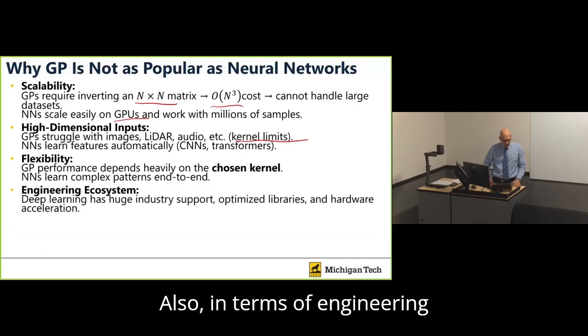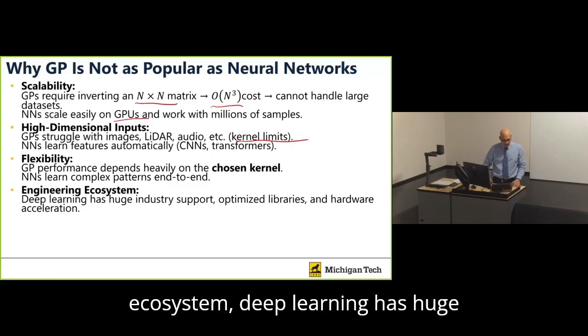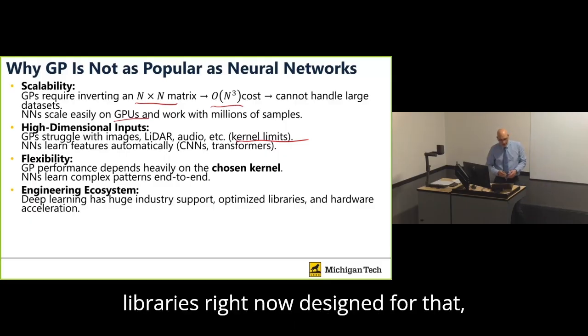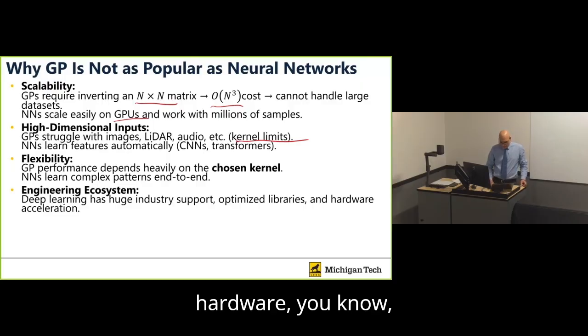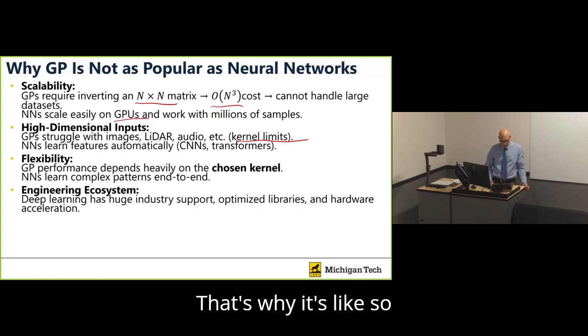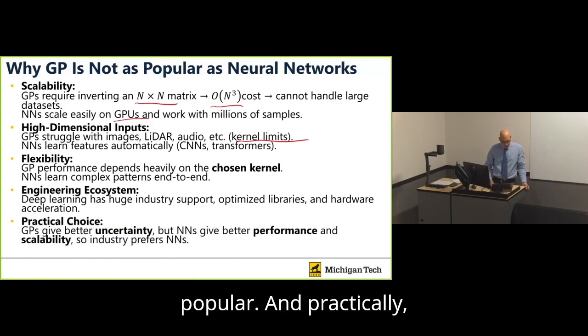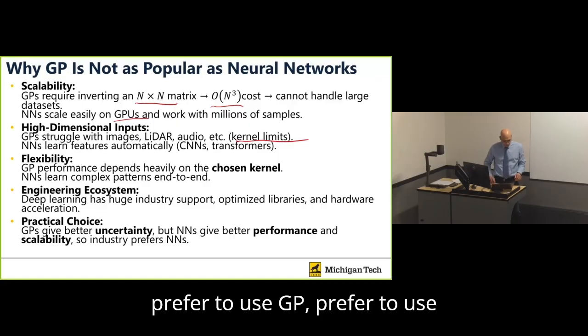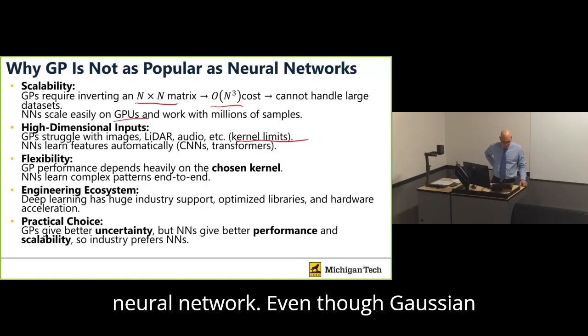Also, in terms of engineering ecosystem, deep learning has huge industry support. There are lots of libraries right now designed for it, and hardware accelerations are designed just for deep neural networks. That's why it's so popular. And practically, most companies prefer to use neural networks.